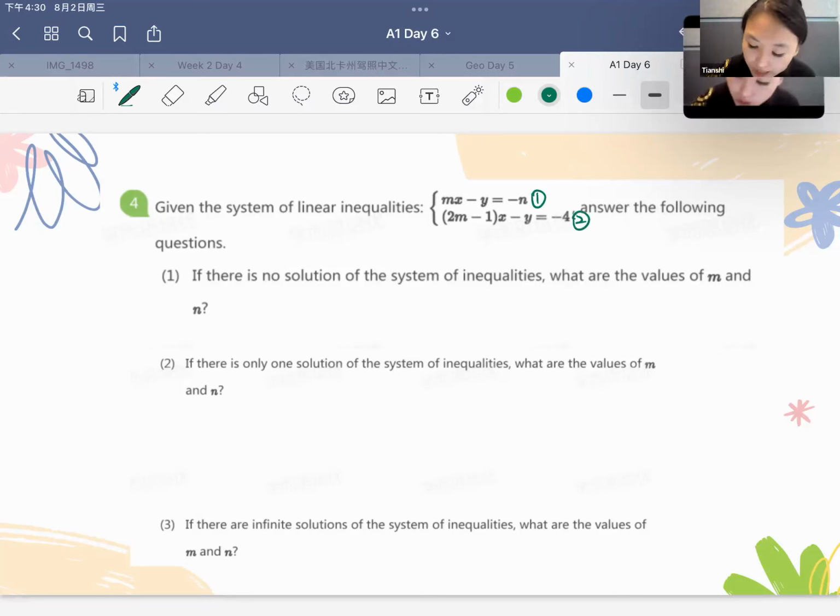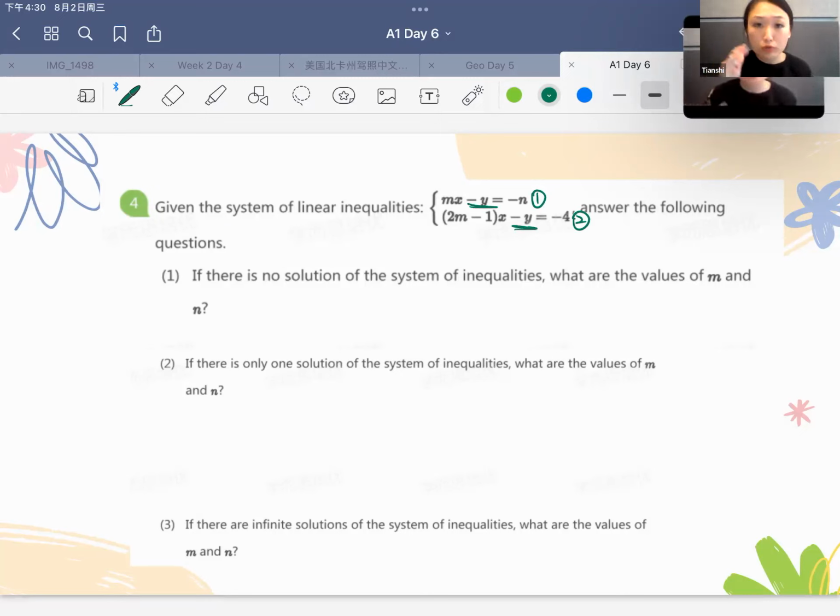So let's solve for the first one and also the second one. The first one, we have mx minus y equals negative n. And for the second one, we have 2m minus 1 times x minus y equals negative 4. So both of the two equations have negative y.